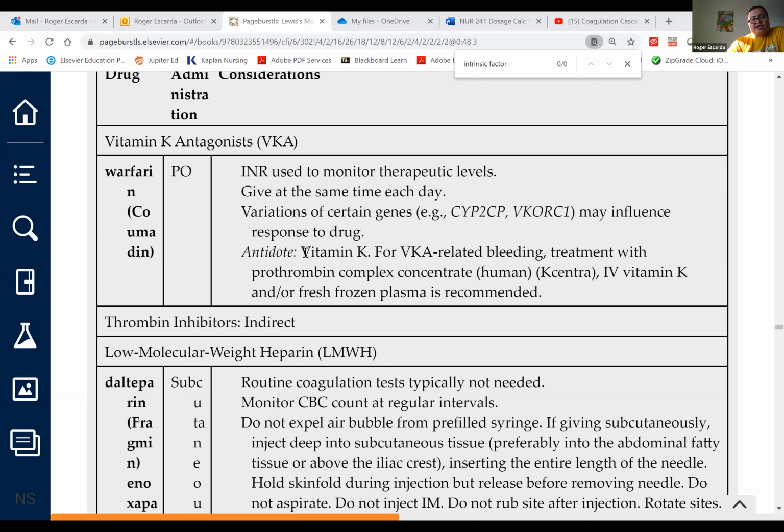Now, I asked you earlier, why do we give vitamin K injections to newborns again? As a prophylaxis against bleeding, because their liver is not mature enough to make clotting factors, right? So what's the purpose of vitamin K in clotting?